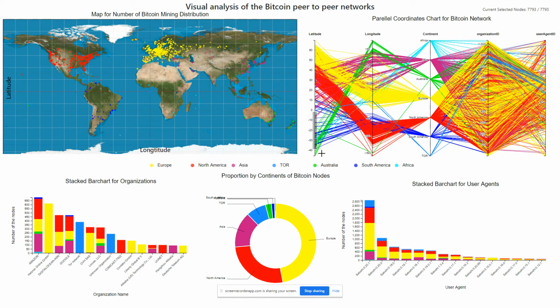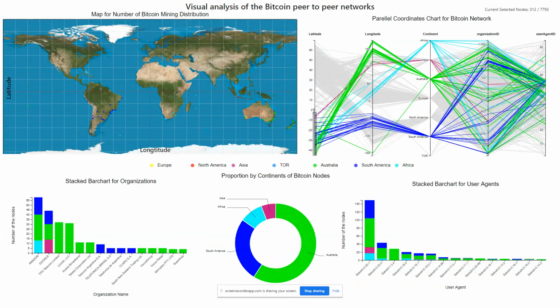If we brush over the latitude axis, from a little bit above to below zero, we now feature the whole southern hemisphere. We can see that things change a lot. But look at it, Amazon and Google are still the leading players, because they are in the southern hemisphere too. Amazon is still the leading player.